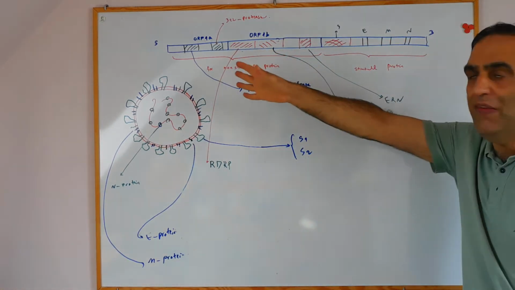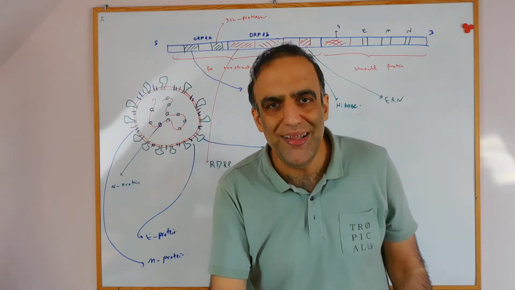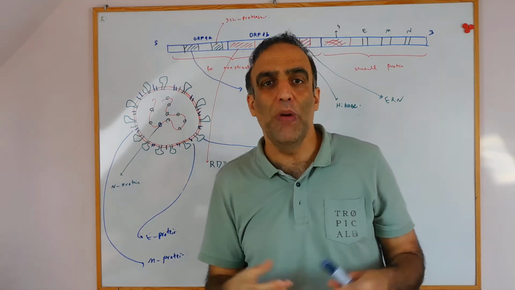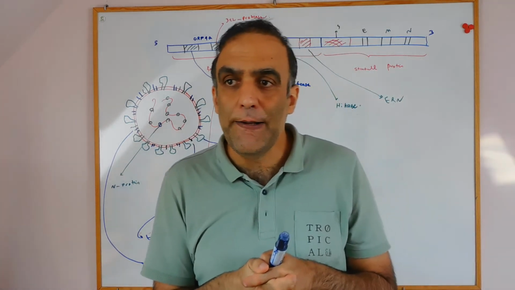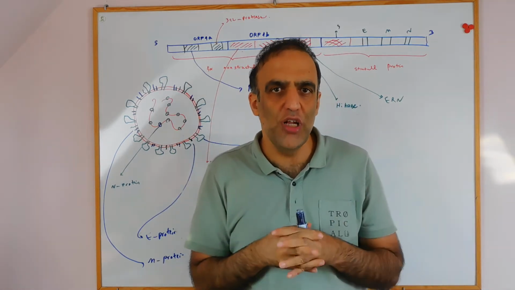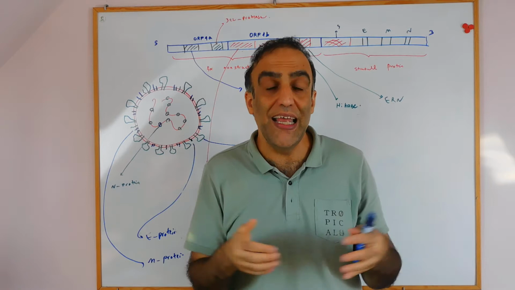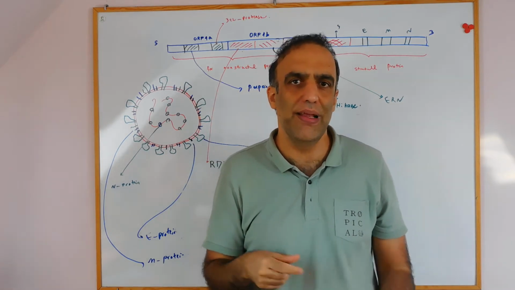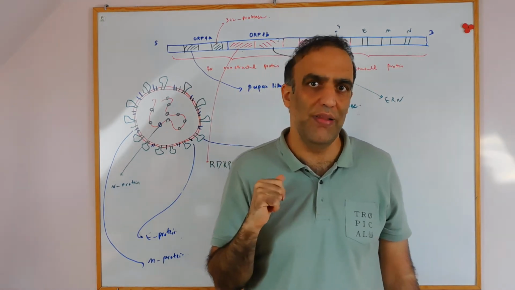Now, briefly I explain the function of the genome and how we can think about the treatment and prevention of this virus, and how we can save the life of a person in a severe situation.